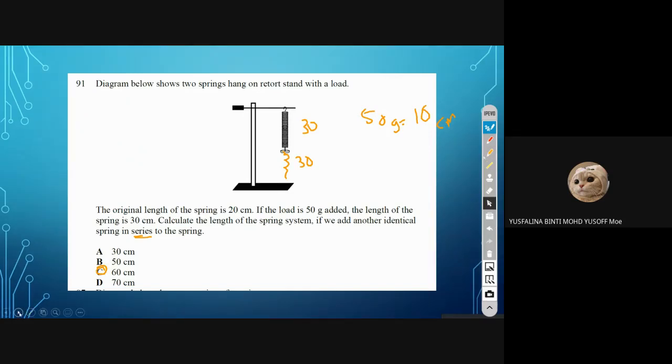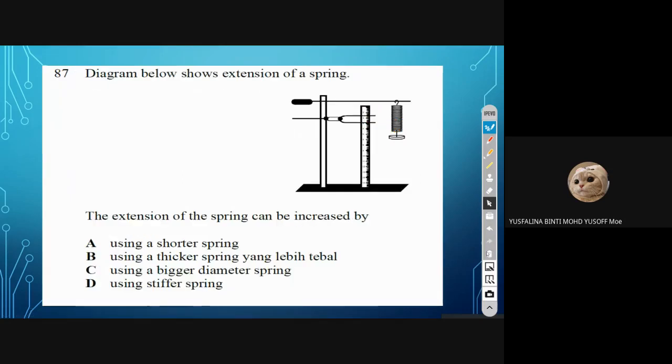So next question. The diagram below shows the extension of a spring. The extension of the spring can be increased by what? If you want to increase the extension, it means the spring is less stiff, correct? If you want the extension of the spring to decrease, you have to make your spring stiffer.